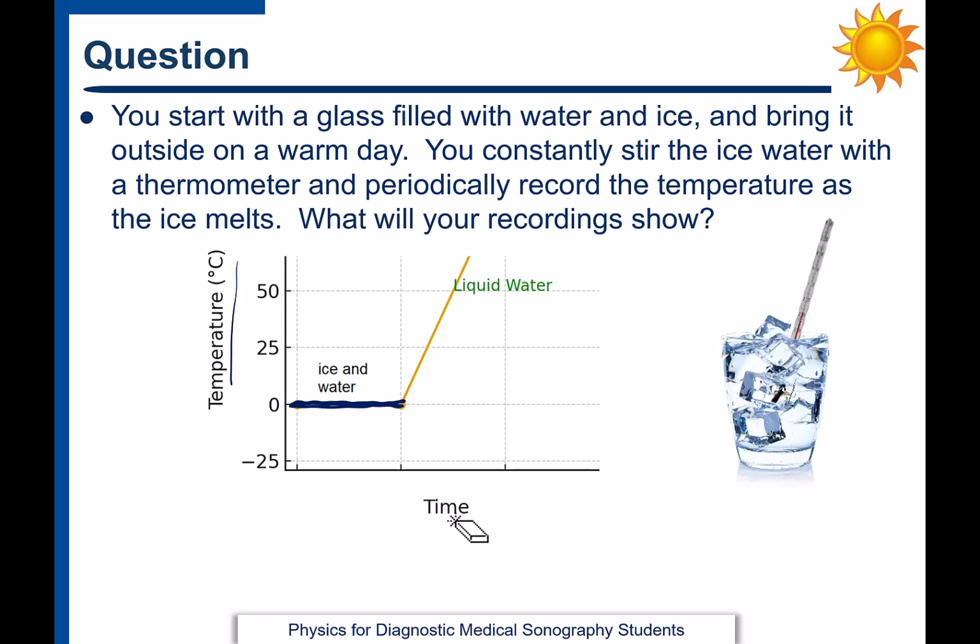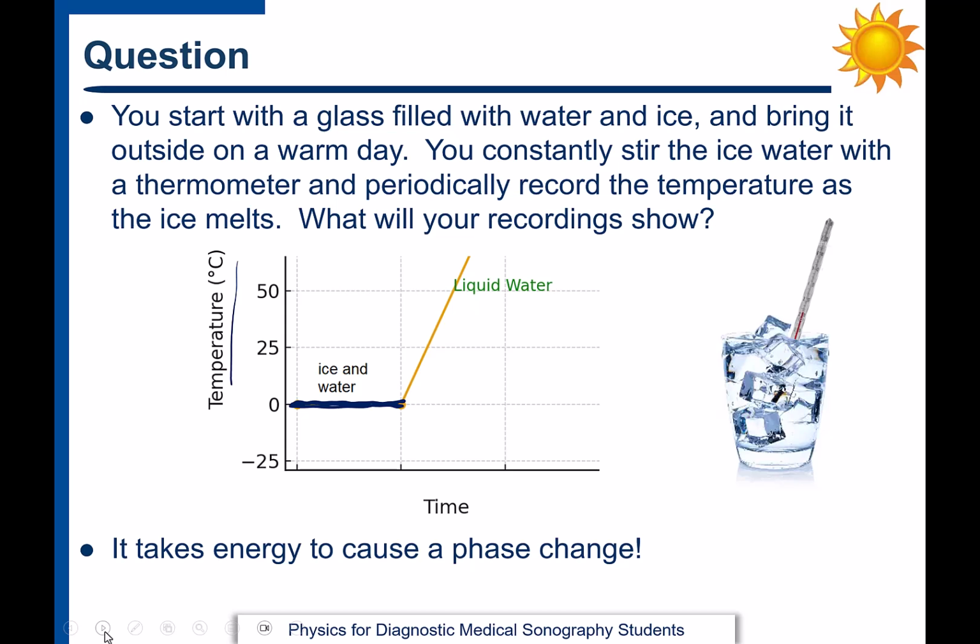What that tells us is that it takes energy to cause a phase change, to go from, in this case, the solid phase to the liquid phase. And so during this time, all of the energy that is being absorbed by that ice-water mixture is simply going into changing ice to liquid, and none of it is going into changing the temperature of the liquid and ice mixture.